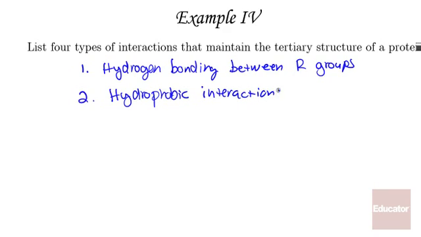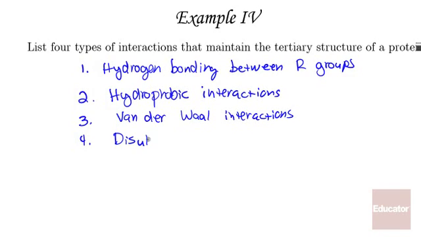A type of weak interaction between nonpolar side chains is called van der Waals interactions. If there are some cysteine-containing amino acids, they contain sulfur, then there may also be disulfide bridges that help to maintain this tertiary structure.